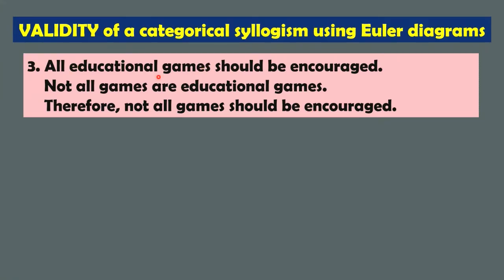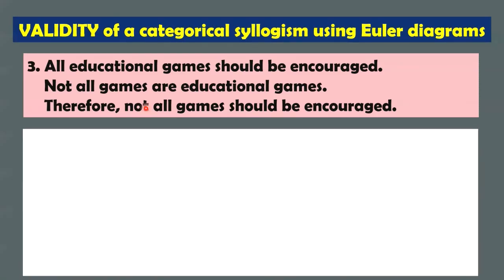Like this example, kapag binasa nyo itong example na ito, mukha siyang totoo. But, if we use Euler diagrams or any other method to test its validity, it's invalid. So, let me show you why.